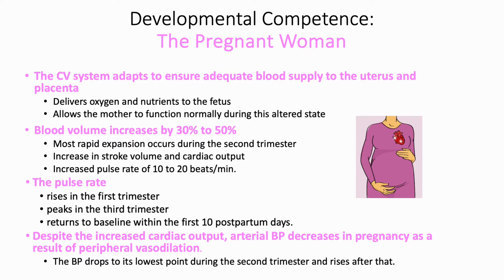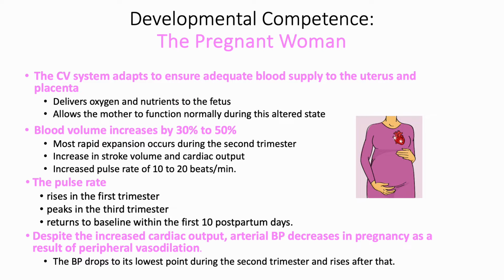Blood volume actually increases by about 30 to 50% during pregnancy, and it can be more or less at different trimesters or different periods of the pregnancy. The most rapid expansion actually occurs during the second trimester. During this time, it's creating an increased stroke volume, or amount of blood being ejected, and increased cardiac output out into the body system.